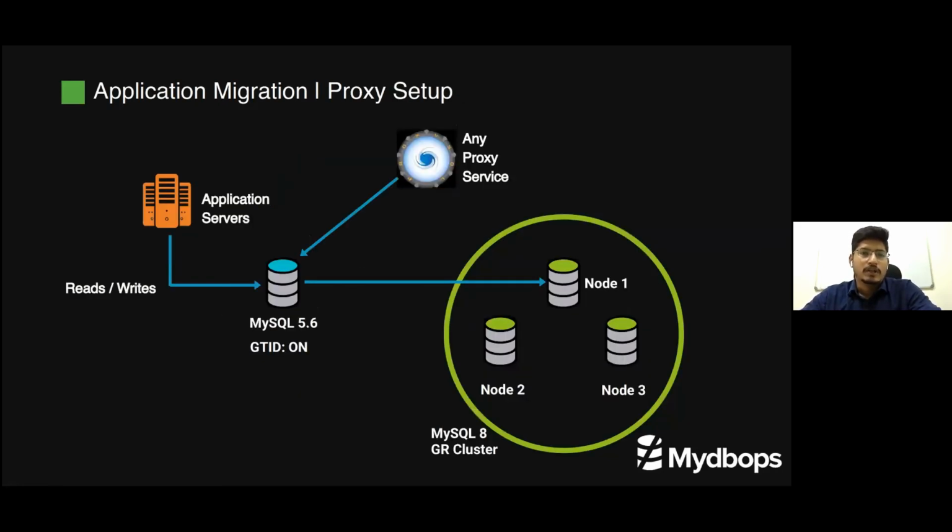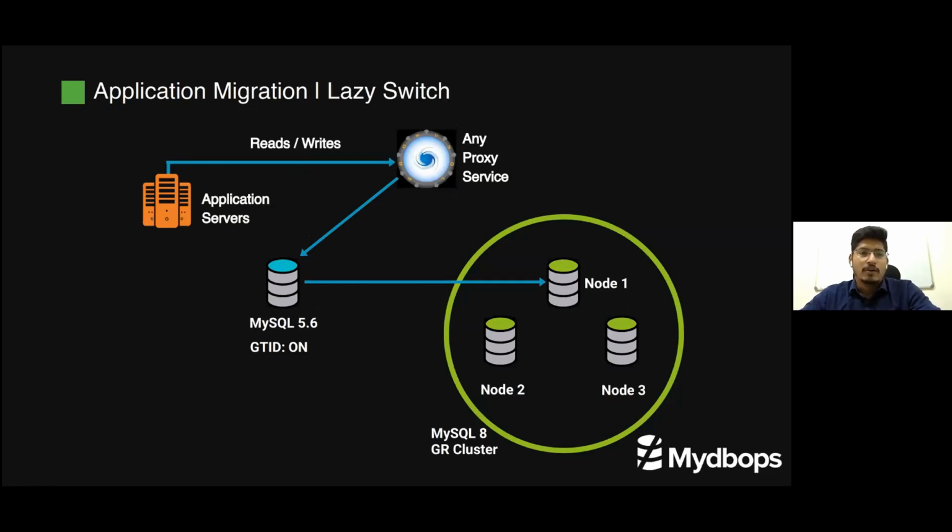What I would do is configure any proxy service that connects to the current MySQL version. In this example, I am taking ProxySQL. I'll set up a ProxySQL that connects to the current environment, so when you connect to ProxySQL, it directs to the 5.6 version.